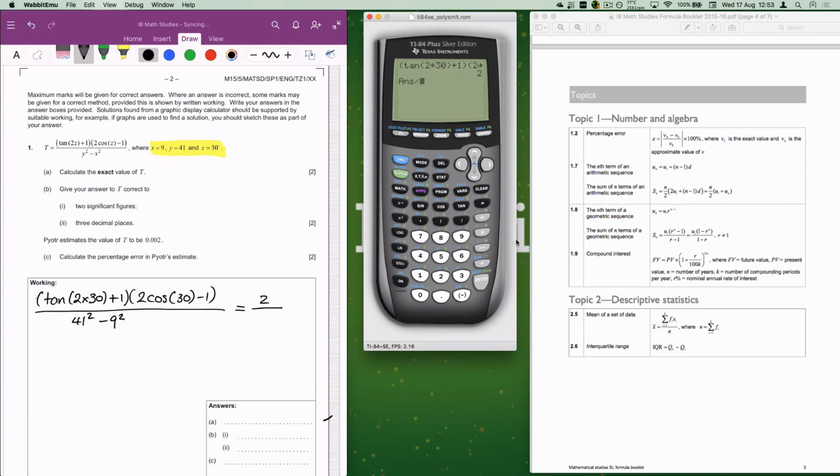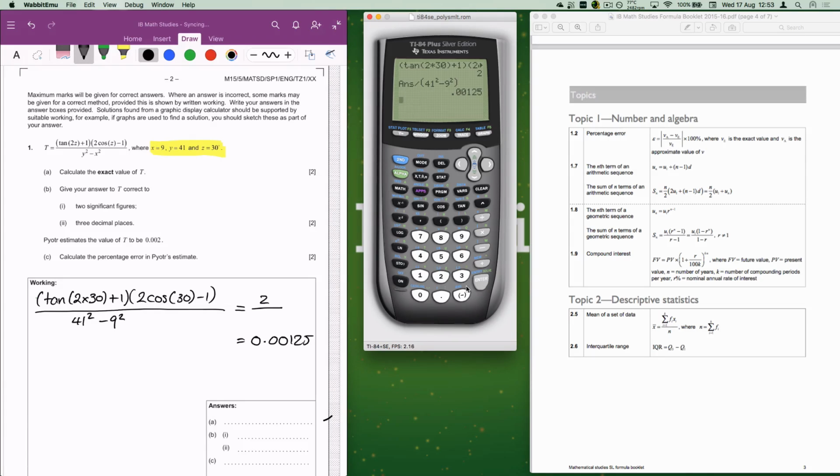We could divide by. Now, on the bottom, we have 41 squared minus 9 squared. And the most common error is just to type that in. However, we want to divide by everything that's on the bottom. So we need to put in some parentheses. So open some parentheses, do 41 squared. We subtract 9 squared, close parentheses. And this should give us the answer, which is equal to 0.00125.